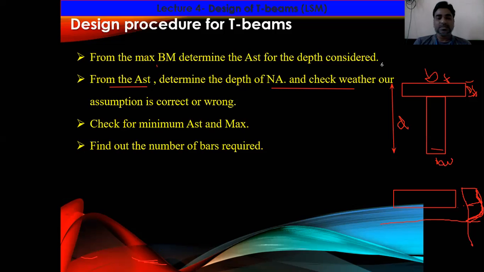Your required steel is less than the minimum, then you can provide the minimum steel. Suppose your required steel is greater than the maximum, then you need to redesign your section. So this is the process of design of T-beam, right?